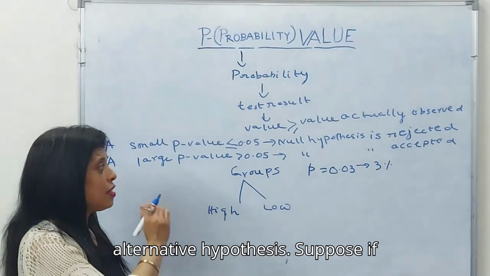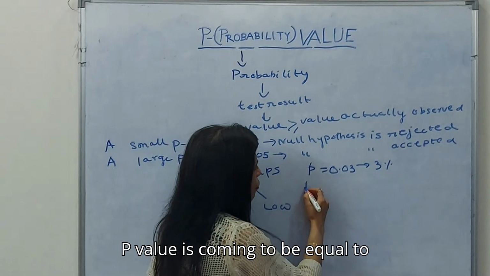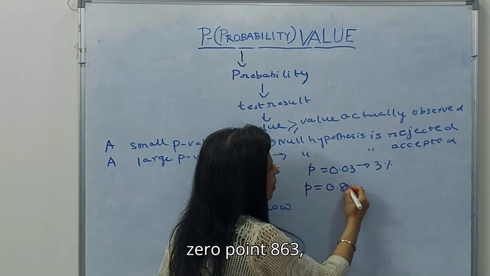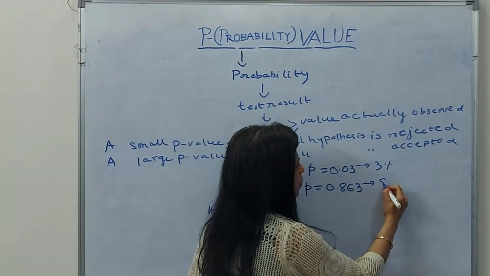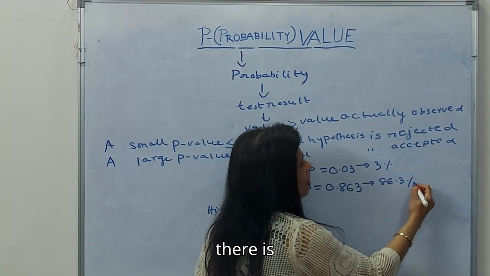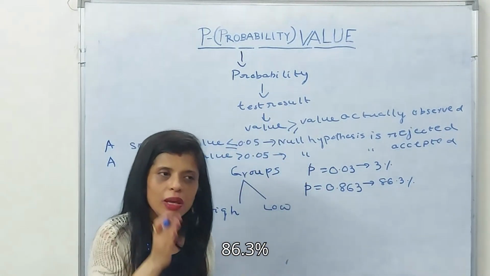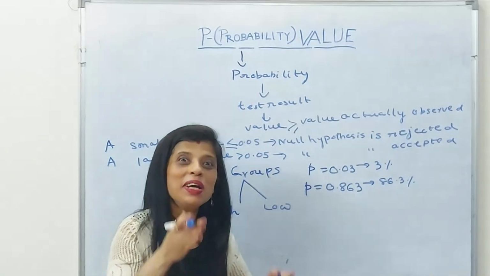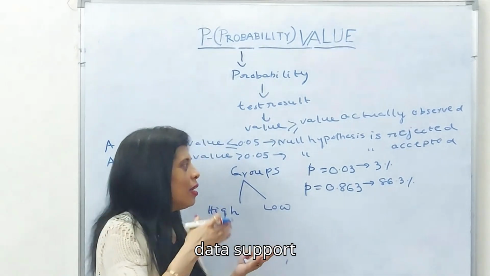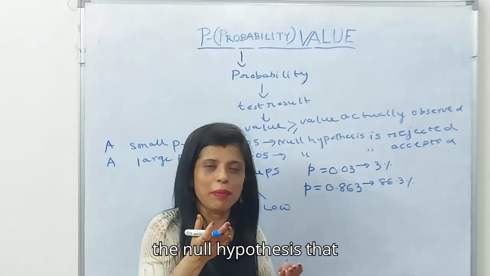Suppose the p-value is equal to 0.863, it means there is 86.3% chance or probability that the data support the null hypothesis.